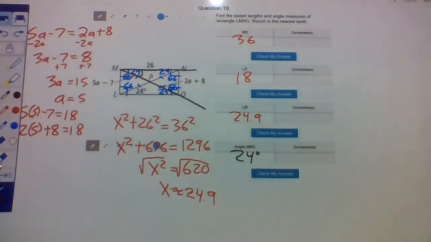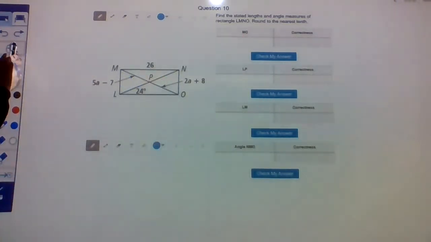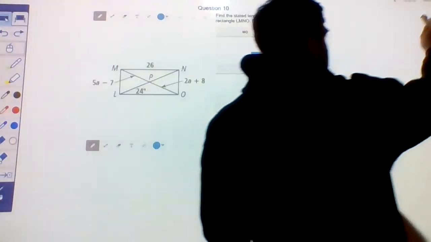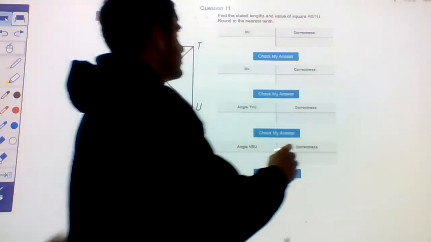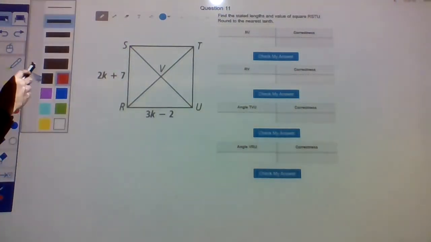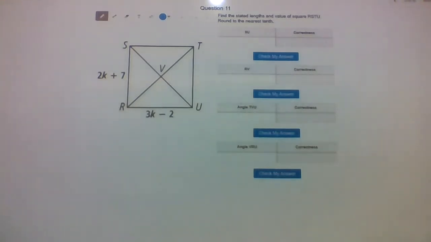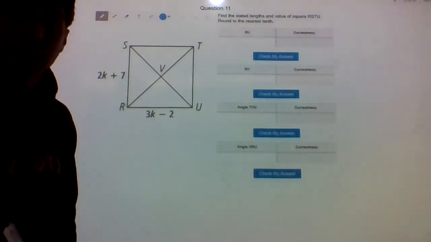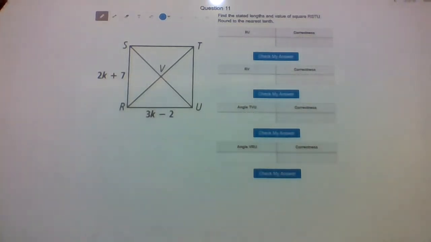All right, the last one here is going to be a square. A square is both a rectangle and a rhombus, so it has four congruent sides and four right angles.